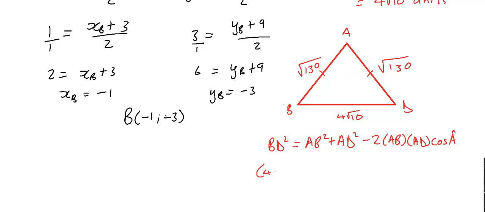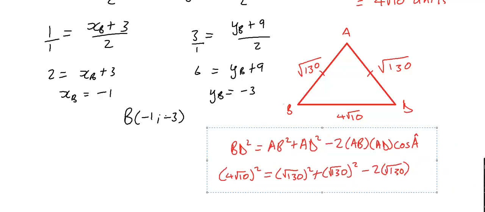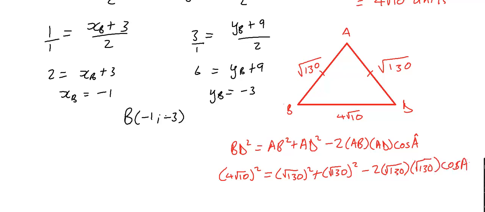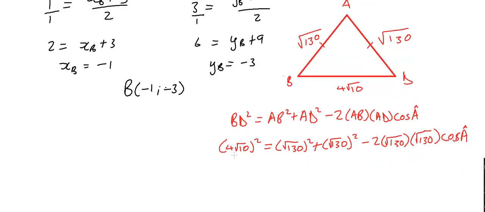So this is going to be 4 root 10 squared, and then this is going to be the root of 130 squared plus another root of 130 squared, minus 2 times the root of 130 times root of 130 again, cosine of A. So this is 16 times 10, which is 160.